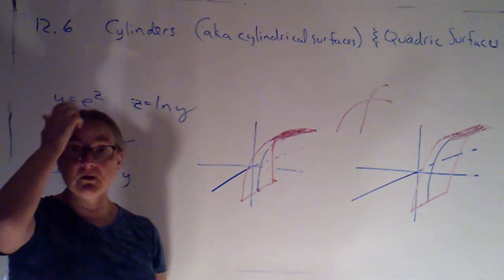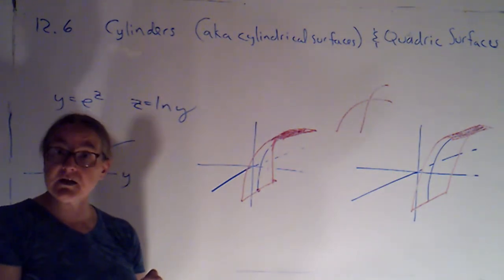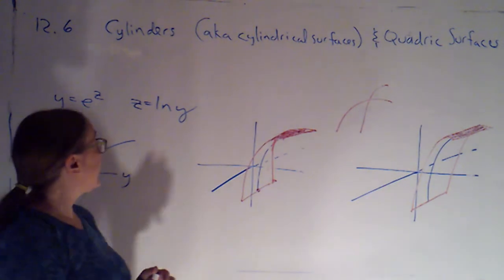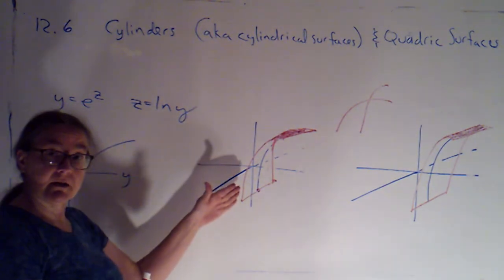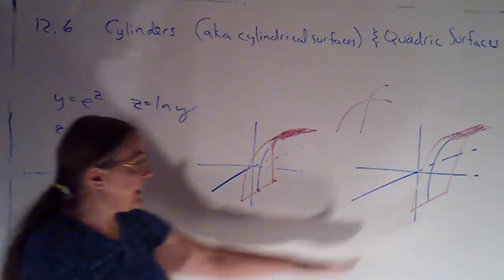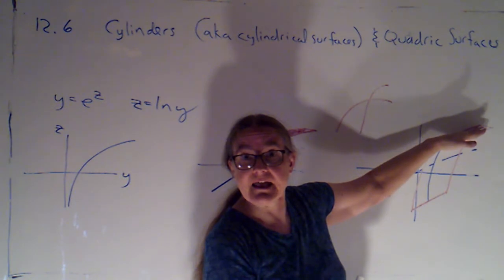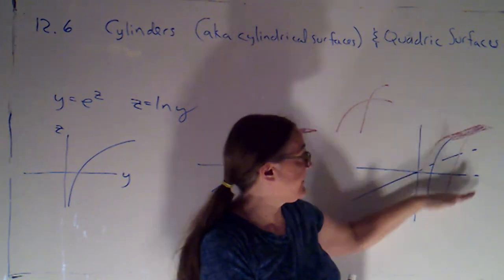What I will be looking for, I do expect you to be able to draw these things. I don't expect them to be beautiful, but I expect to be able to see the curve. I expect to be able to see that you have extruded parallel to the missing axis. That's key. Gotta be parallel.